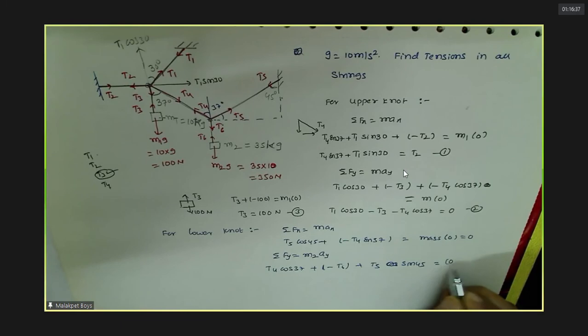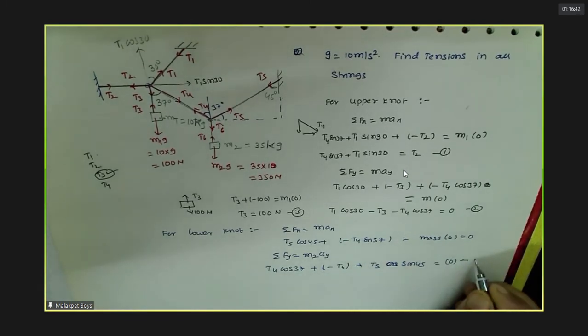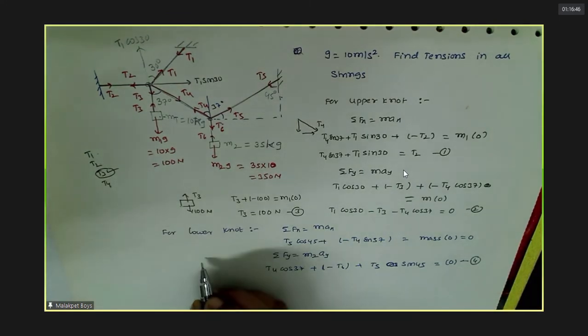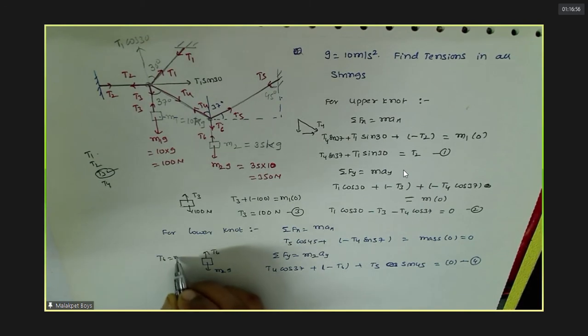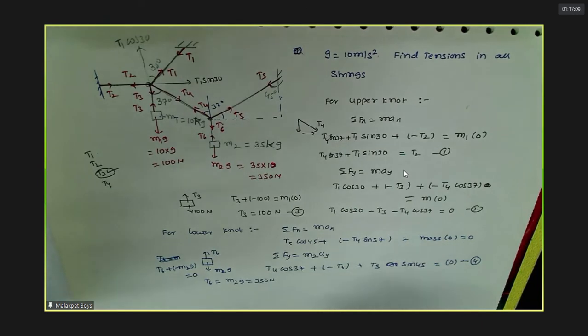Equals mass of this into acceleration. So this is the other equation. Followed? Now you can take this T6 also. T6 minus M2G is 0. So what is T6 you have? M2G, that is 350 Newton. So you got T6.